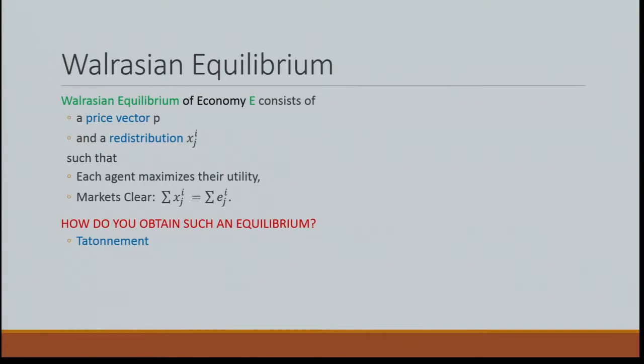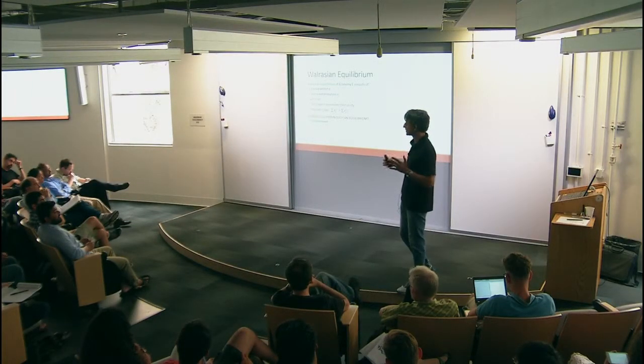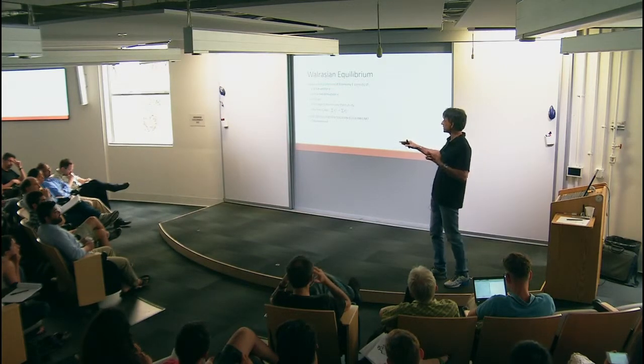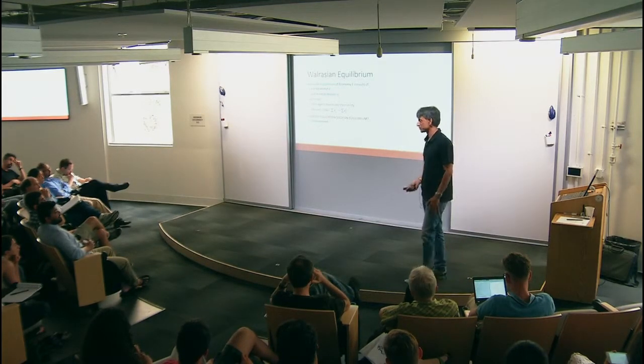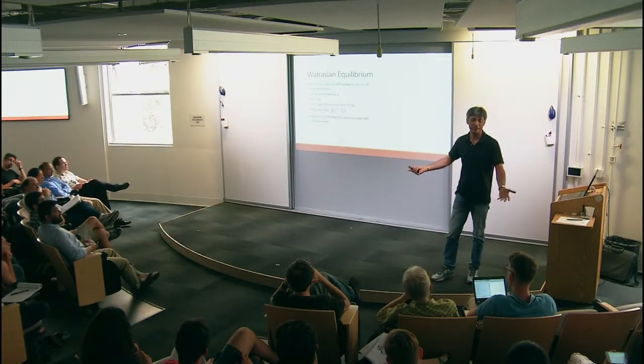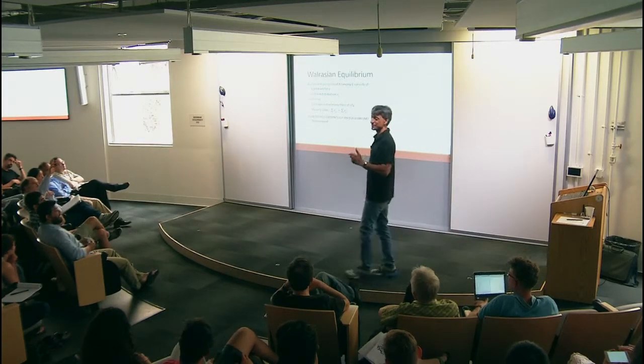Then again, he does the same pricing. It continues forever and ever till an equilibrium is reached. So it's an endless trial and error process. In the end, when the prices are convergent, then the trade happens. Tatonnement is actually a French word for groping. So only the French can come up with such a nice word.